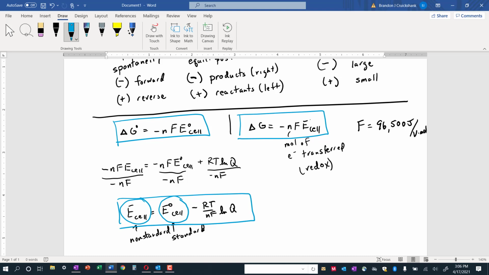One more thing we're going to do with this equation, just to simplify it a bit: we're going to plug in, and I want you to do this on your own. I'm not going to actually calculate it. Temperature of 298, R is 8.314 joules per mole Kelvin.